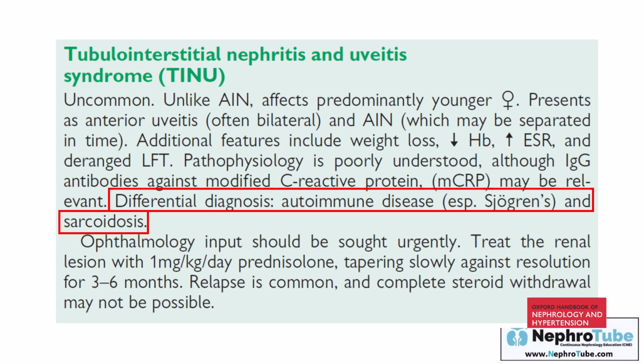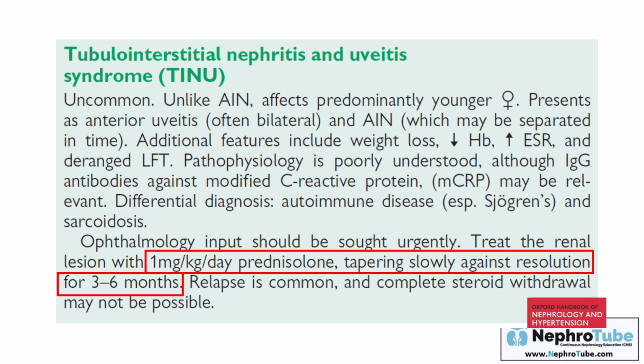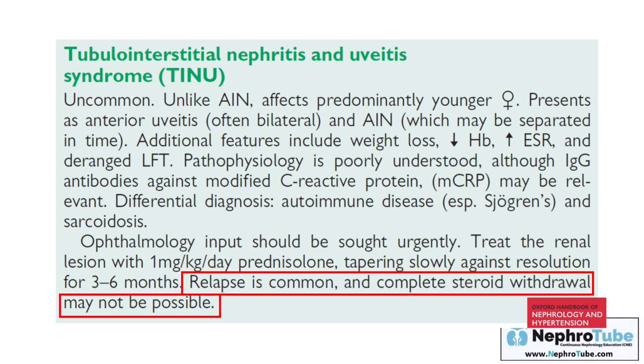For sure, you will need an ophthalmology consultation, and the treatment is usually steroids, 1 milligram per kilogram per day, tapered against resolution over 3 to 6 months, but the response is often poor. Relapse is common, and complete steroid withdrawal may not be possible.